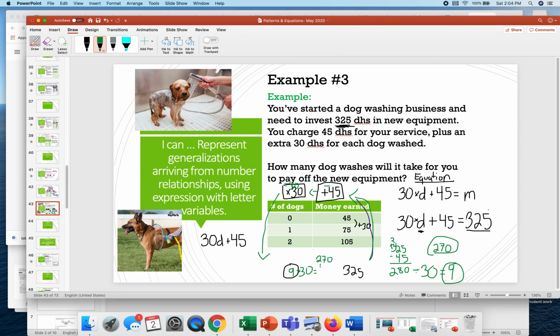Then I'm going to add on 45. So this is 5, and then 1, and then 3, because I've carried the 1 up here. Okay, good. So 315. Okay, I'm close. Wait.